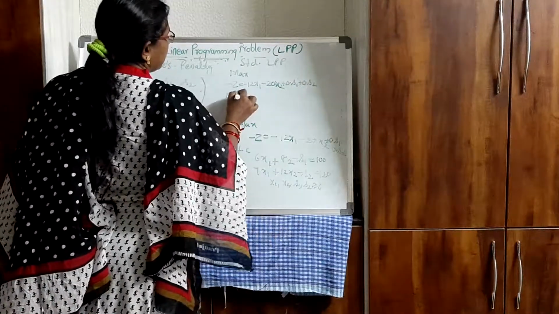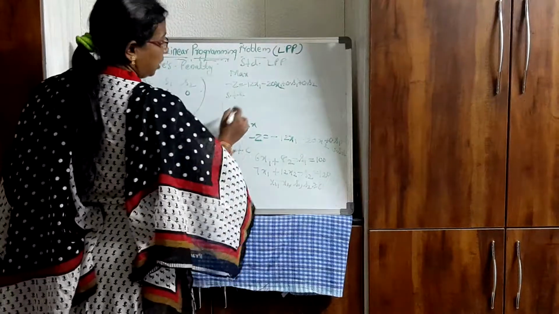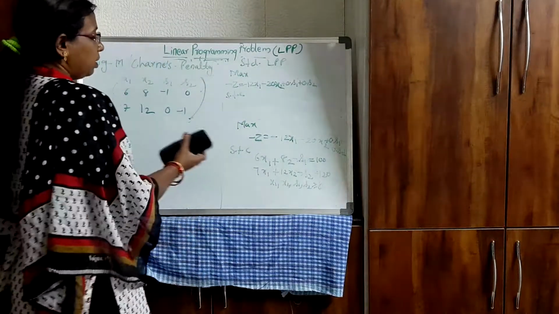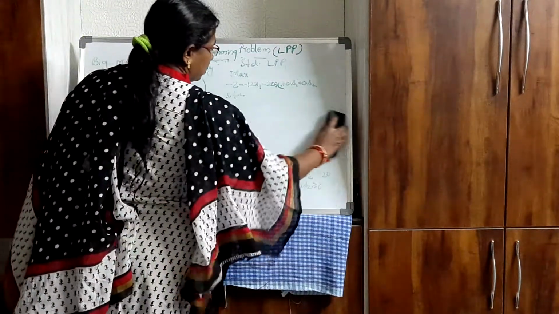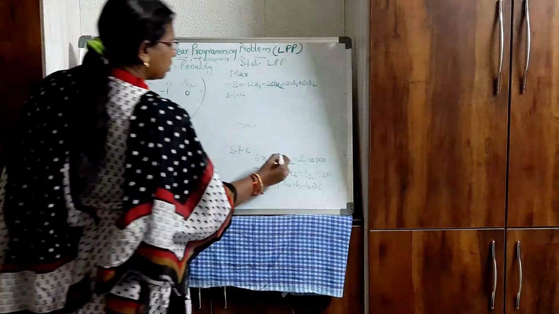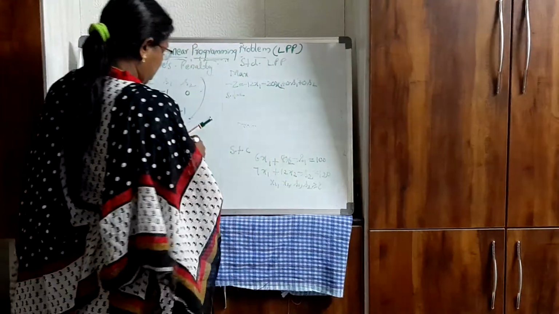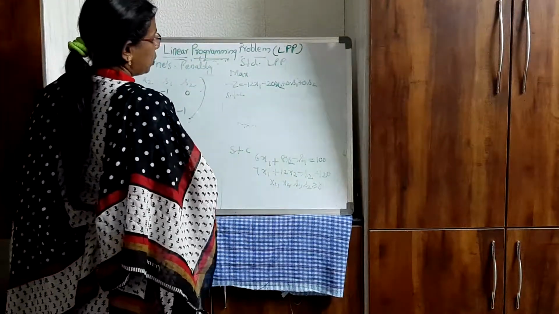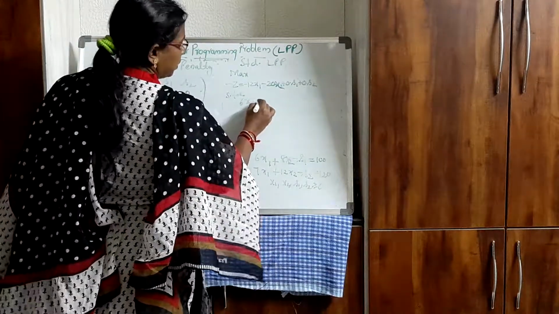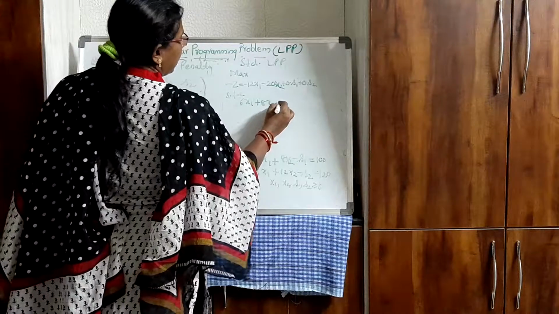Now subject to constraints, for the first constraint it is 6x1 plus 8x2 minus s1.